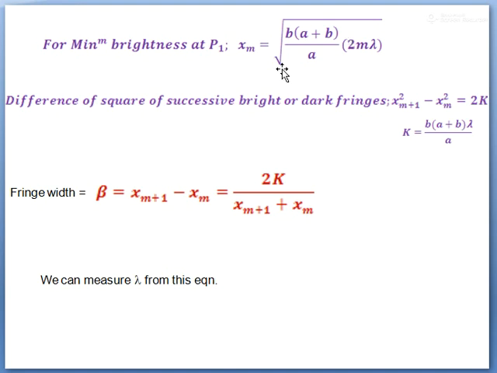Okay, তাহলে the difference between successive square of dark and bright fringe, this will be twice k. Okay, so এখানে m আর এখানে m plus 1, তাহলে will be twice m.